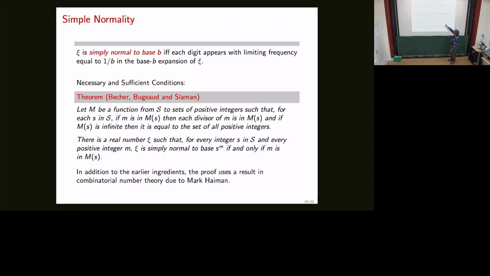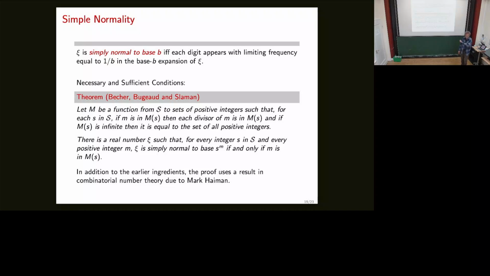M has to have the property that if s to the k is in M, then s is also in M. These are the powers; M is a set of powers of the bases for each s sitting inside big S. And secondly, if you have to be normal to infinitely many powers of s, then M of s has to be all the powers of s.